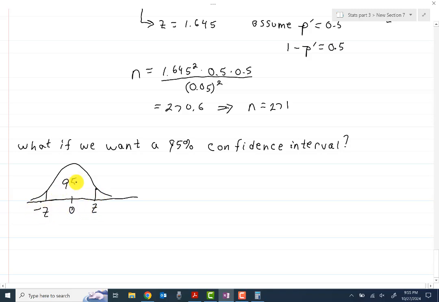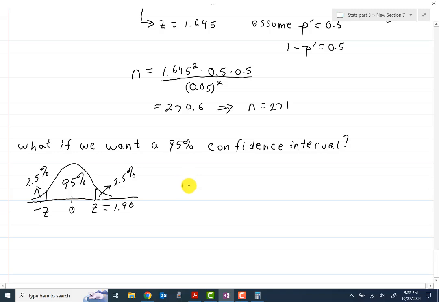We're going to have 95% in here, leaving 2.5% out there and 2.5% there. So what I would look up in the table is try to find 0.975, and we have done that. In fact, this was one, it's very good, 1.96.